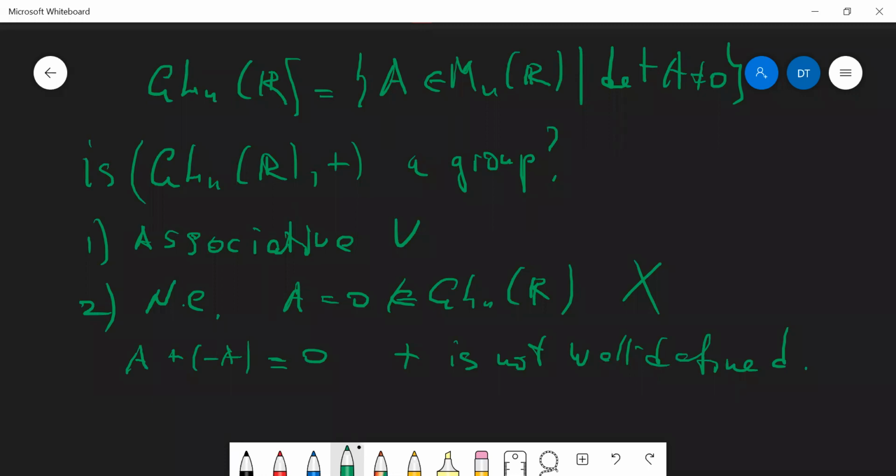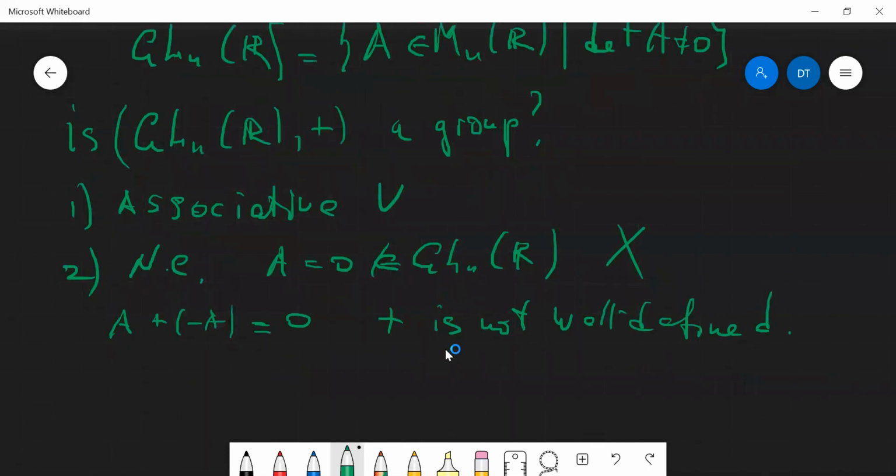First of all, you should check if the operation is well-defined on your set. You cannot stay inside the non-degenerate matrices; the result might be 0, for example, like here. Yeah, it's a trap.